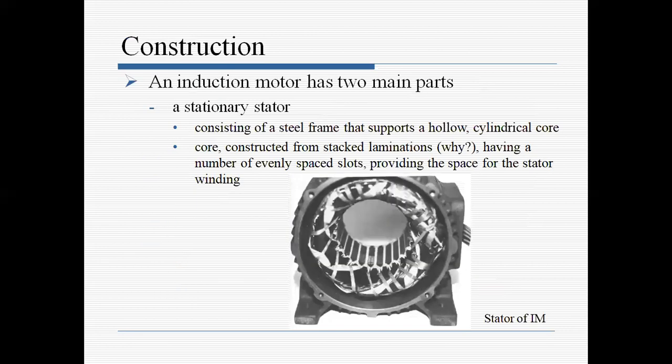Now, coming to our construction. An induction motor has two main parts. The first one, stator. The second one, rotor. We know the stator is an outer frame that is stationary, consisting of a steel frame that supports a hollow cylindrical core.